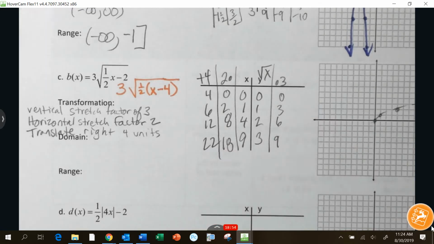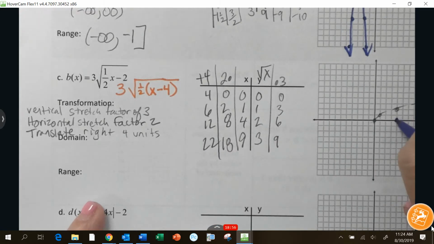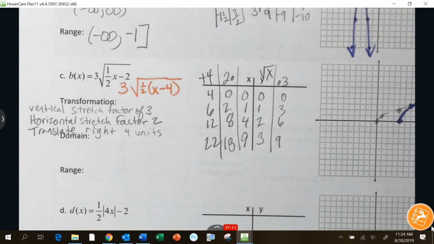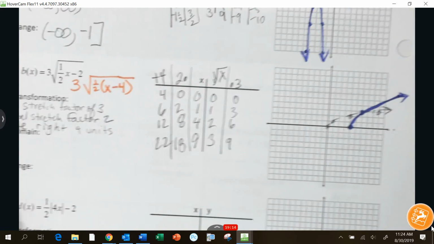And then the new function is going to be 4, 0, 6, 3. Where's my 6? 12, 6. I think I can use it to just kind of have an idea of how high to draw that, but there's no way I'm graphing 22, 9. Oh, I wasn't on the screen. Sorry.